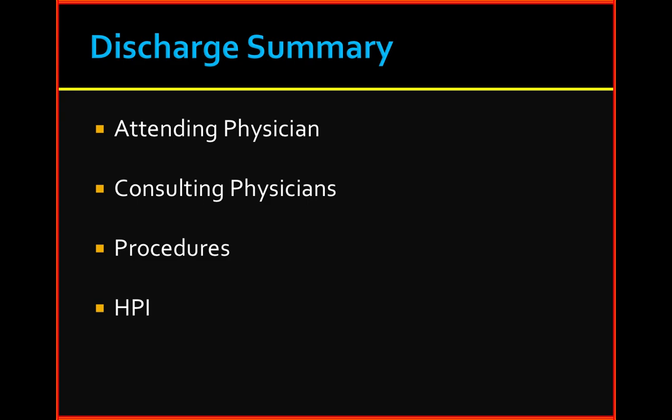The HPI, if someone did a good HPI on the H&P, just cut and paste the HPI. You don't have to do the whole history and physical, cut just the HPI portion, which is nice. The hospital course.